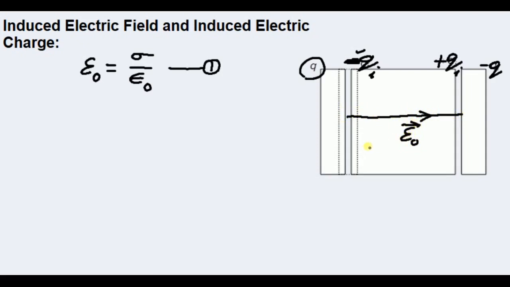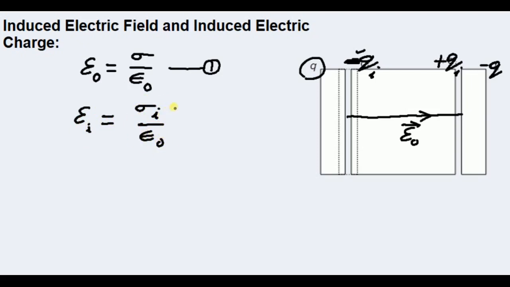And the value of electric field due to induced charges, let it be EI, is equal to sigma I upon epsilon naught.